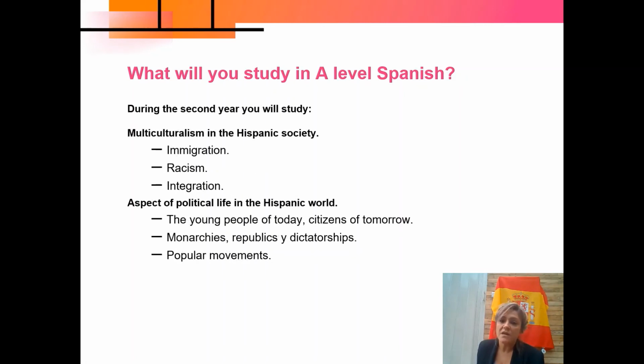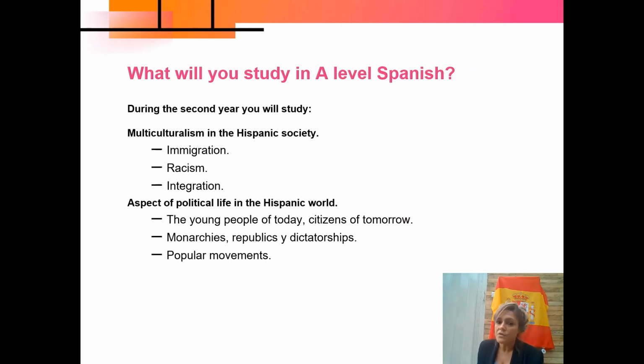During the second year, things get a little bit more serious in terms of the intensity of the topics. We're going to look at things related to history and politics in Spain. So to start with, we will look at immigration, racism and integration and the situation in Spain and South America.